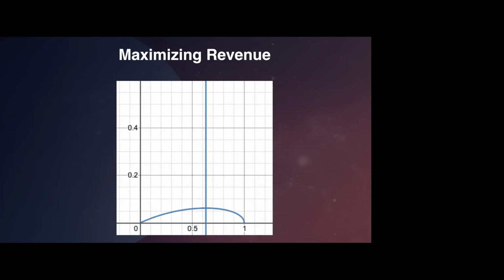What you're looking at is a graph that shows on the x-axis a price that the indexer could choose as a proportion of the maximum price that the consumer is willing to spend for a query. And on the y-axis, it is the amount of revenue that the indexer would actually receive for that query.